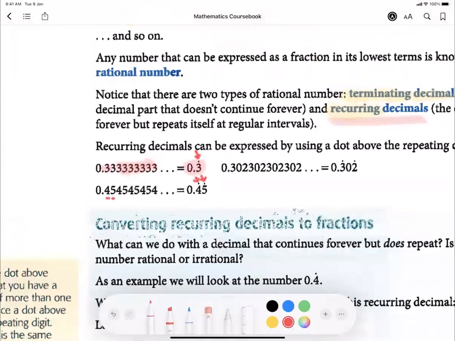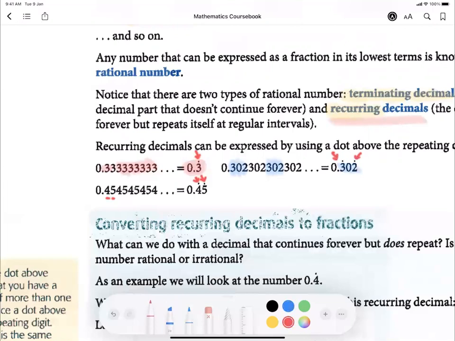However, if it is 3 numbers that repeat, 302, 302, 302, and it continues, there will not be 3 dots, but there will be 2 dots. One on the first number, and a second dot on the last number. Then you can see this is a recurring decimal of 302, 302.